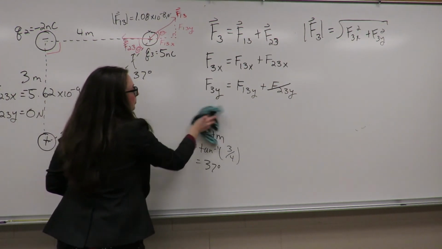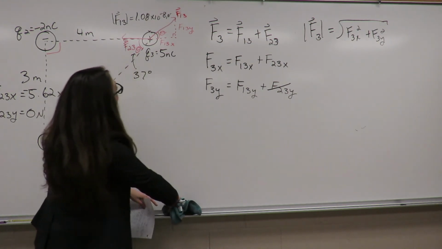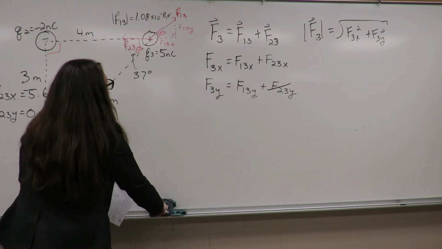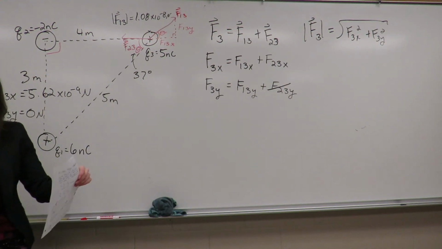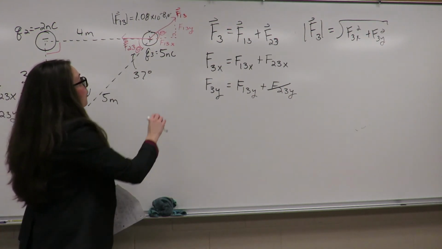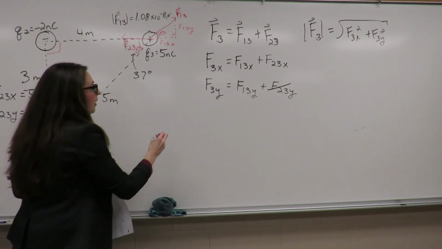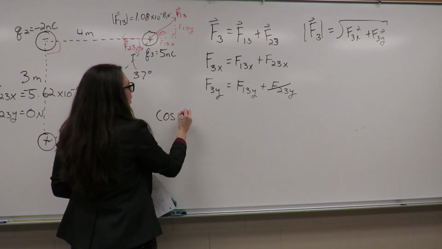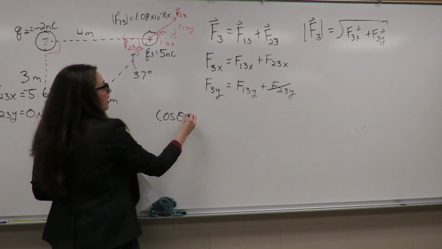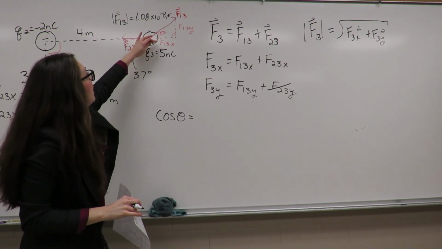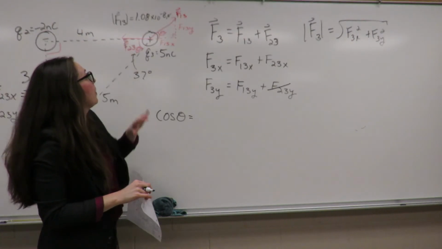So now, using that angle, we can go ahead and get the x and y components of F13. So if we use this angle here and think about cosine, we've got that the cosine of this angle in here is equal to the adjacent side over the hypotenuse.